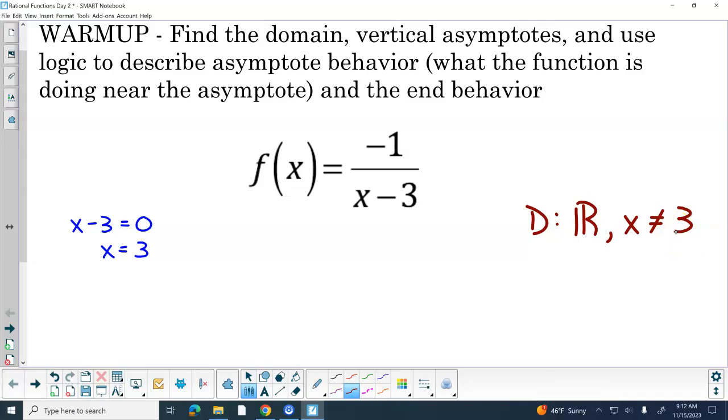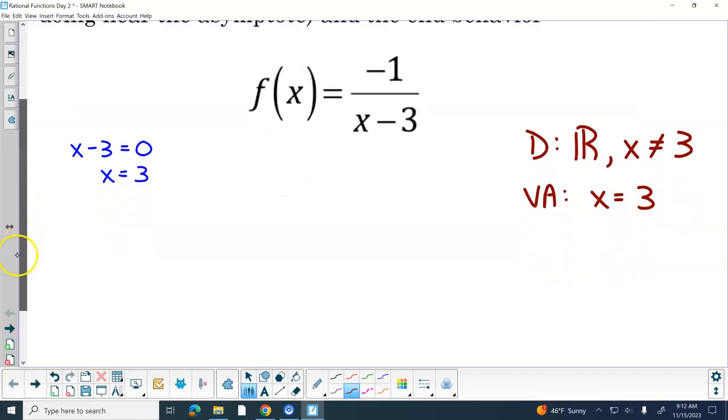Okay. What would my vertical asymptote be then? X equals 3. That would be my point of discontinuity, so I have a vertical asymptote there. Then it said we had to describe our asymptote behavior.